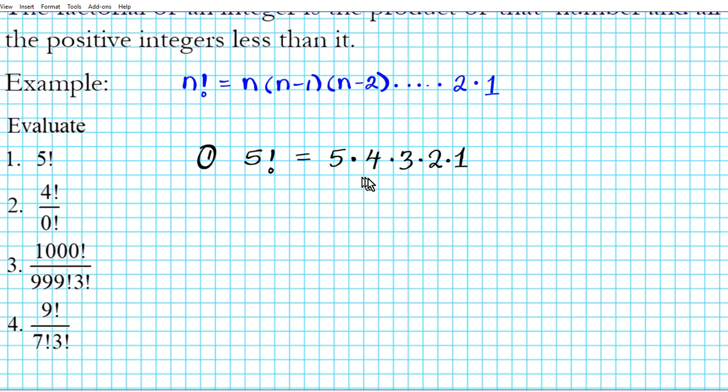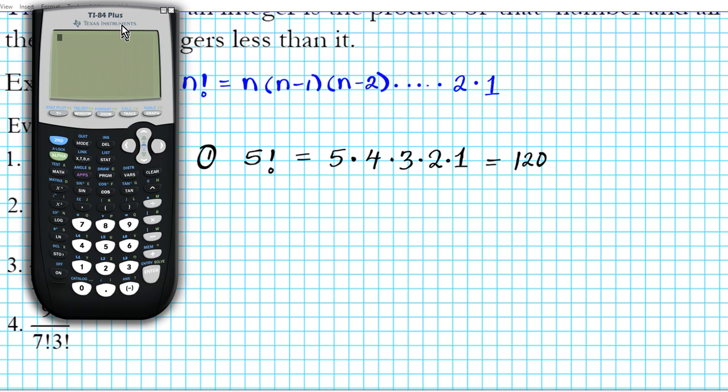So that's 5 times 4 times 3 times 2 times 1. Okay? So if you want to multiply this, you can simply multiply 5 and 2, which is 10, times 4 times 3, which is 12. 12 times 10 will give you 120 as your final answer.